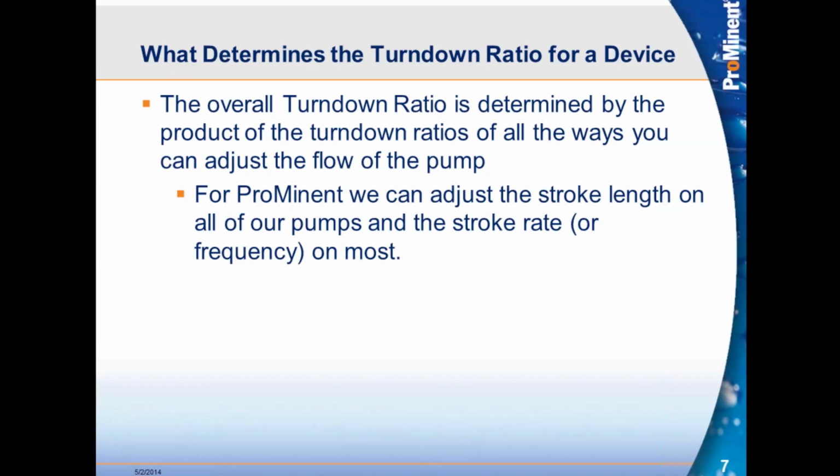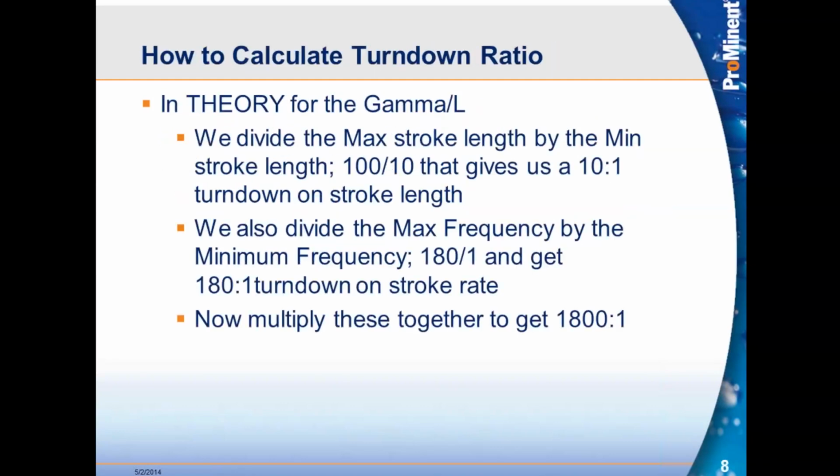So now to determine the turn down ratio out of those 2 adjustments, you use a product of what you can turn down each of those adjustments. So how far can we turn down the stroke length, and how far can we turn down the frequency? So in theory, for example, the gamma L pump, the stroke length will say that we can turn it down to 10%.